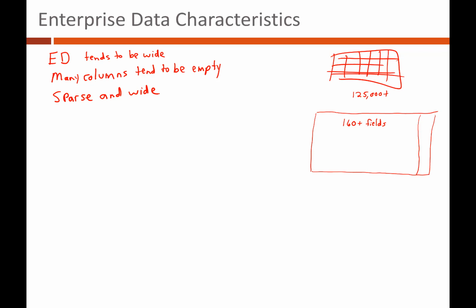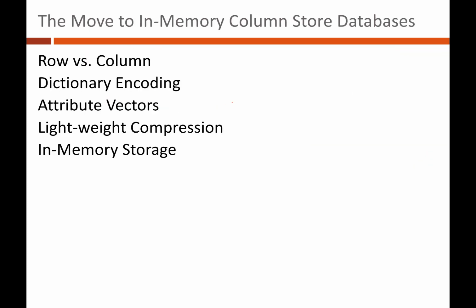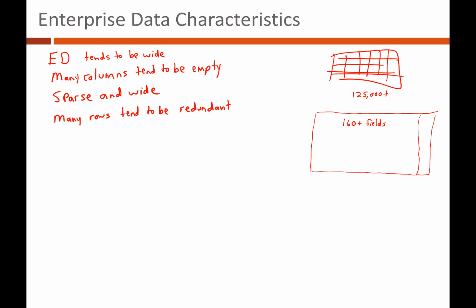And then we also see this. We've talked about how columns tend to be empty. Many rows tend to be redundant. Let me give an example. Hypothetically, our company has one factory in Texas, and we ship all of our orders from that one factory.